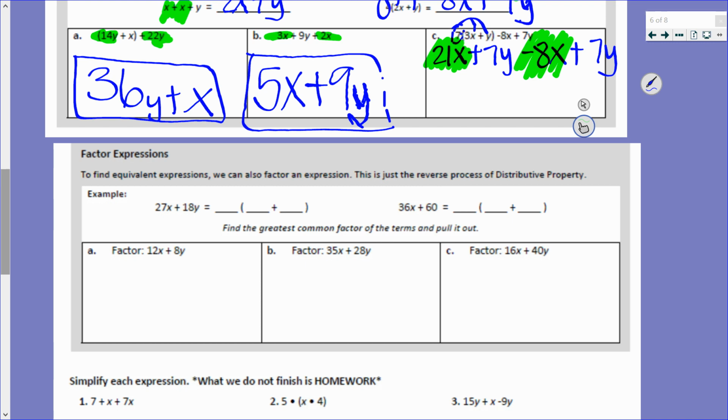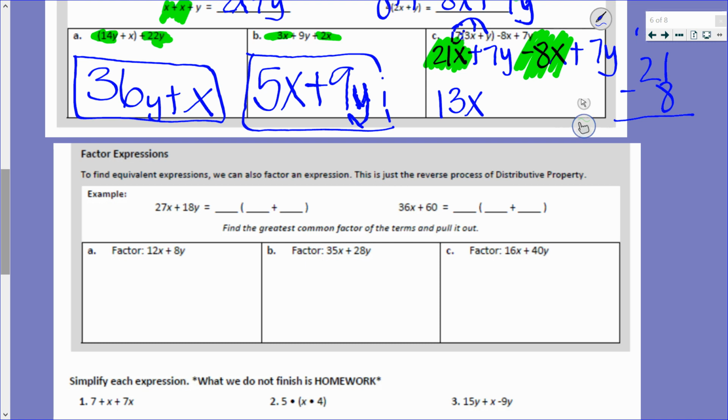Actually, that's negative 8x. But for the sake of right now, I want you guys to think about it like this. This is 21x minus 8. So if you have 21 x's and you take away 8 of them, how many x's are you left with? 13 x's.